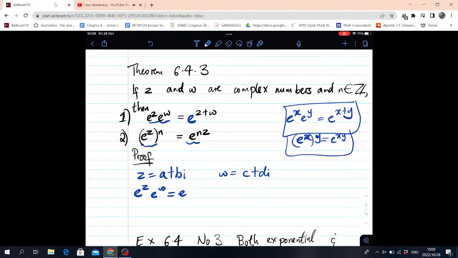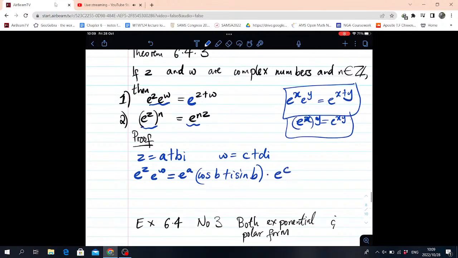e to the a plus bi, which is e to the a times cos b plus i sine b, and then e to the w would be e to the c times cos d plus i sine d, like that.